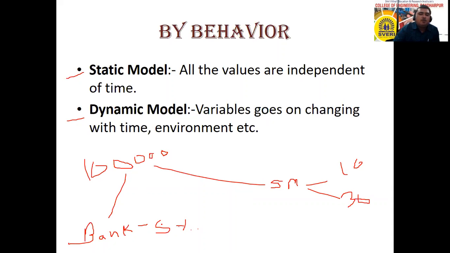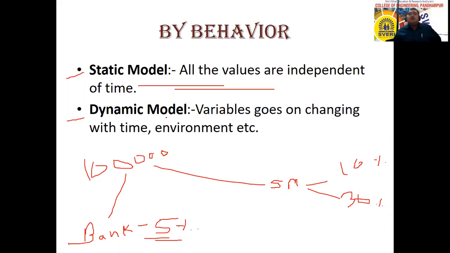So whatever this 5% is with the bank, we can call it the static model. Values are independent of time. But in the share market, you will get 10% return or 30% return because share prices are changing daily. These are dynamic models, where the variables are going to change.